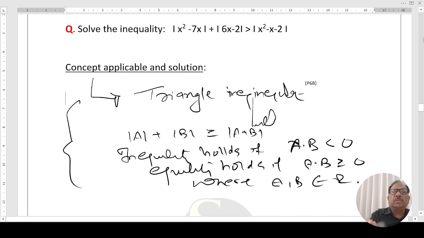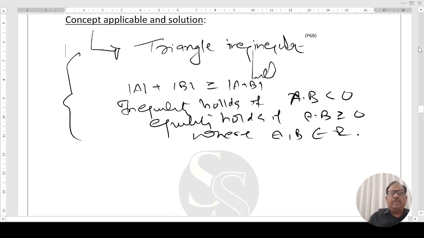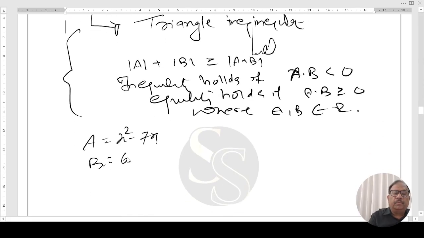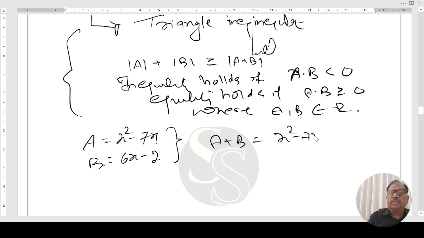In this case, A is x square minus 7x and B is 6x minus 2. Check whether this equals a plus b. A plus B is x square minus 7x plus 6x minus 2, which is x square minus x minus 2. This is a plus b.